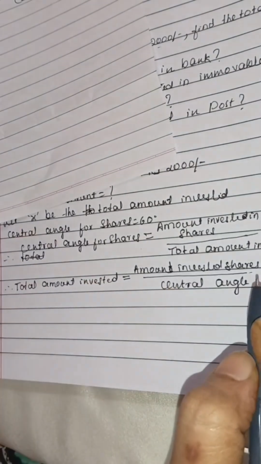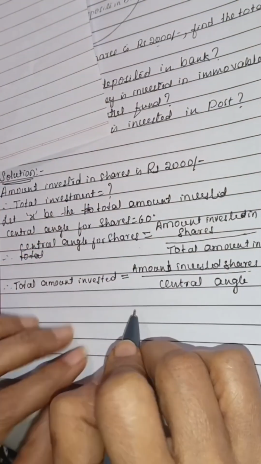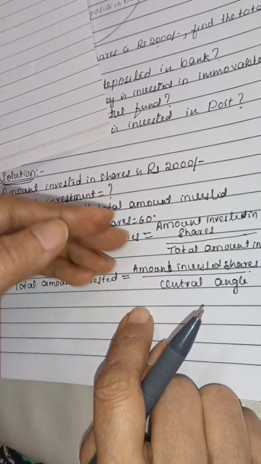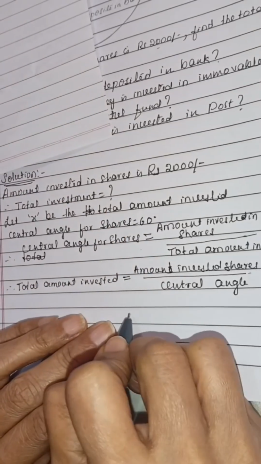Any confusion, do let me know in the comment section. I am writing this formula again and again because step by step you will understand, that's why I am writing like this.